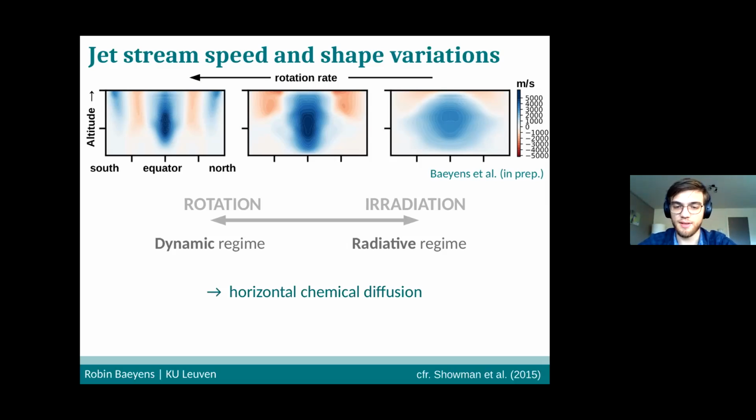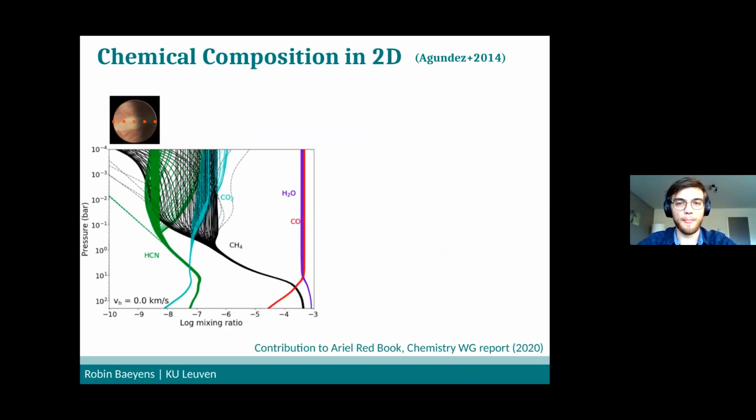And this is also important as the input for the chemistry models, because this will have an impact on the amount of horizontal diffusion that we have in our chemistry, or horizontal advection. And then we continue to our chemistry models to see how this horizontal dimension influences the chemical composition.